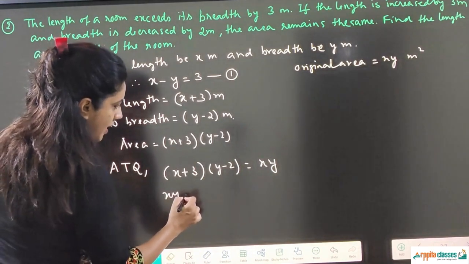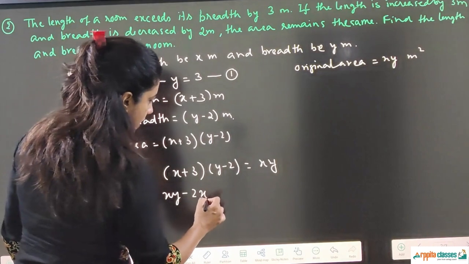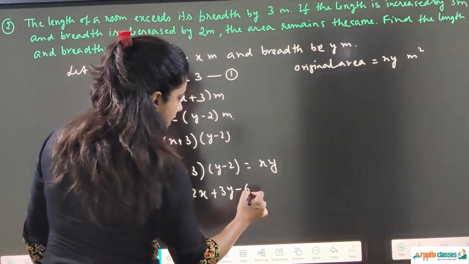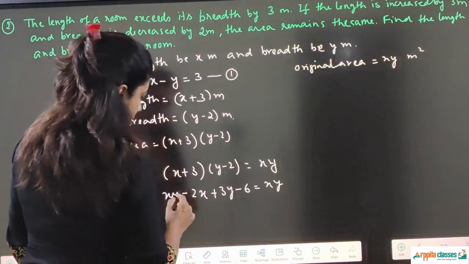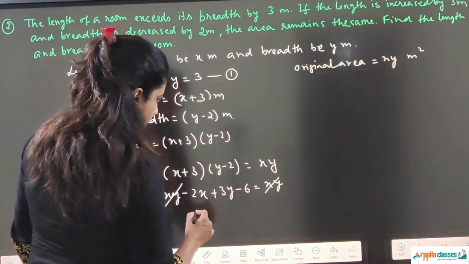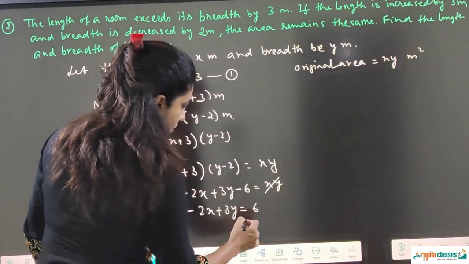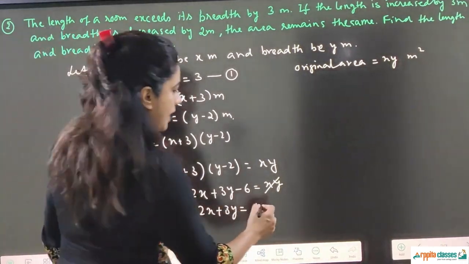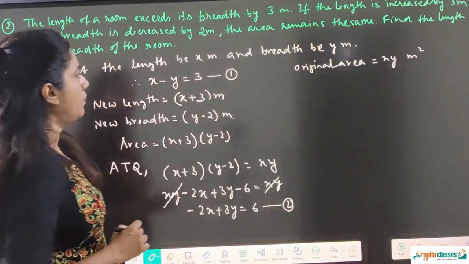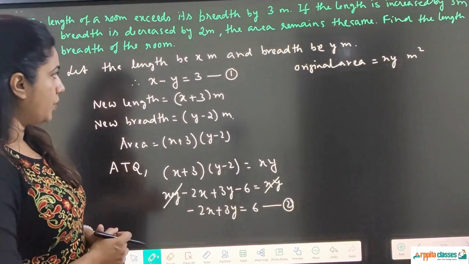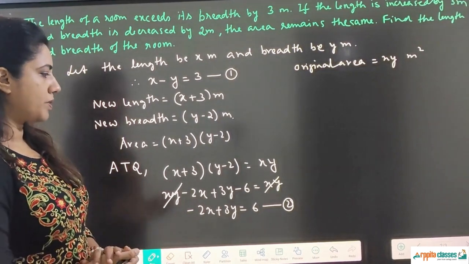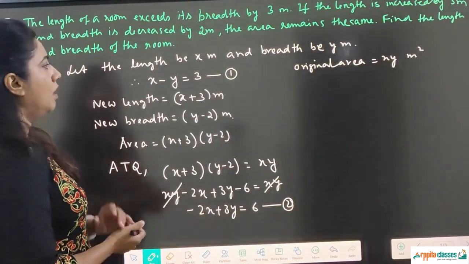Therefore, xy minus 2x plus 3y minus 6 is equal to xy. So xy and xy gets cancelled. So it's minus 2x plus 3y is equal to 6. This is my second equation. So the first equation is x minus y is equal to 3, and the second equation is minus 2x plus 3y is equal to 6.